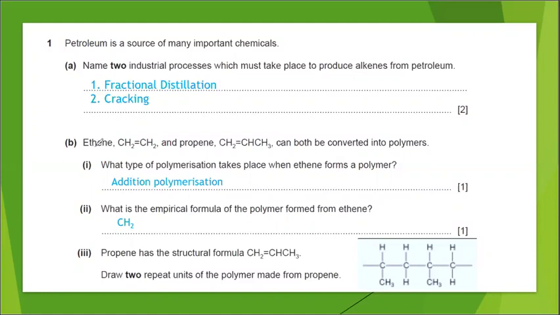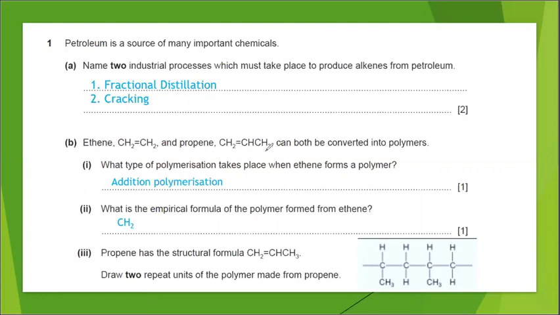Next question. Ethene, CH2=CH2, and propene, CH2=CHCH3, can both be converted into polymers. What type of polymerization takes place when ethene forms a polymer? Let's go back.